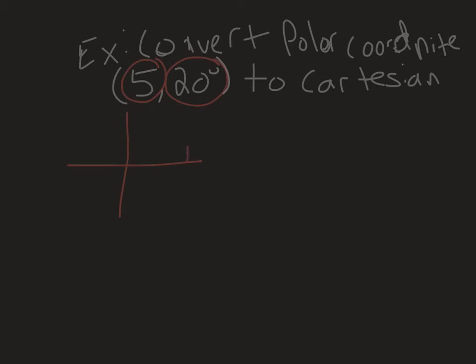So I'm thinking 20 degrees is going to go up from the x-axis, something like so. And I know this distance to be 5 units. Now, ultimately, what I'm looking for is the y-coordinate here and the x-coordinate here.